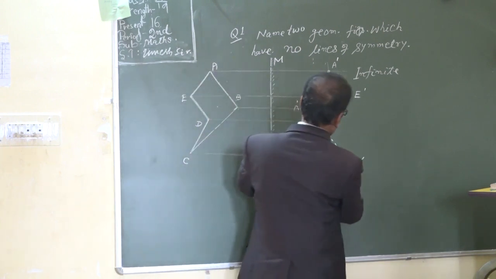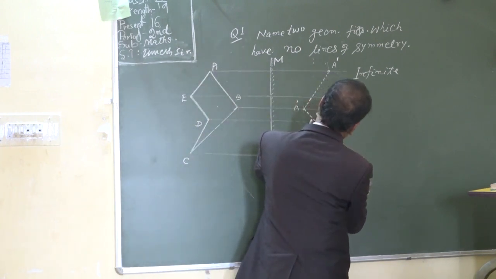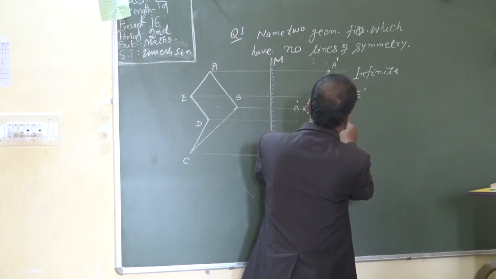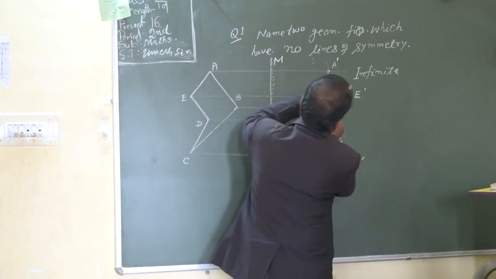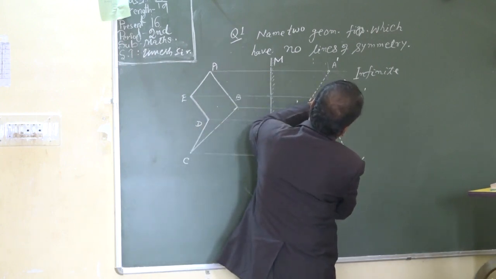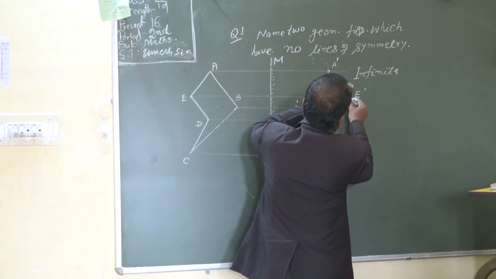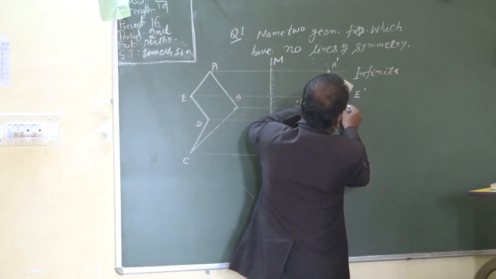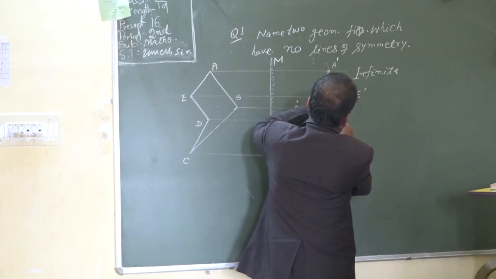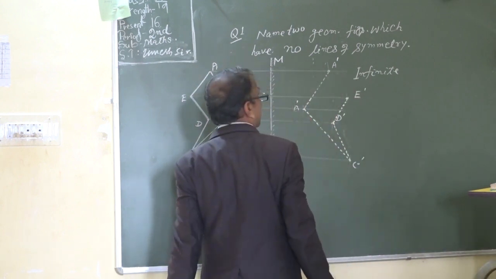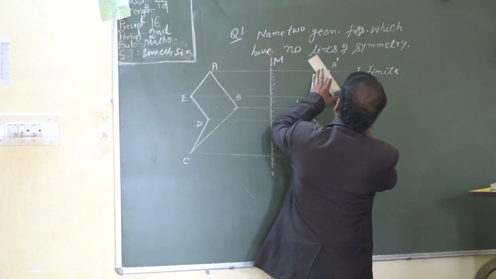Then C dash to D dash. Then D dash to E dash. Then E dash to A dash.